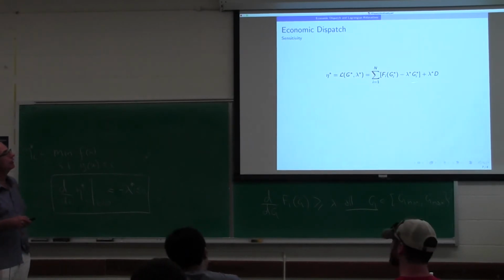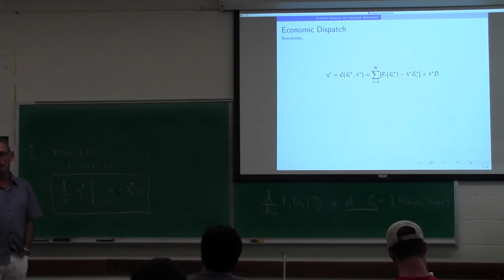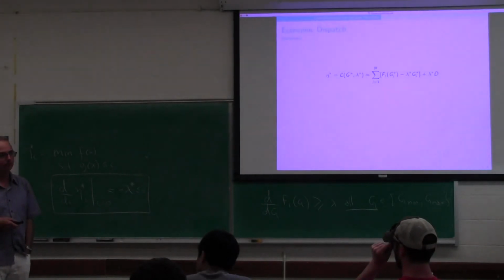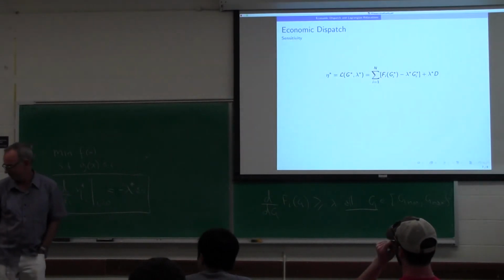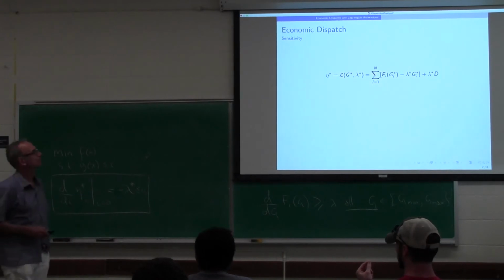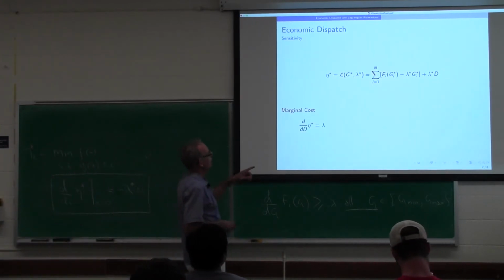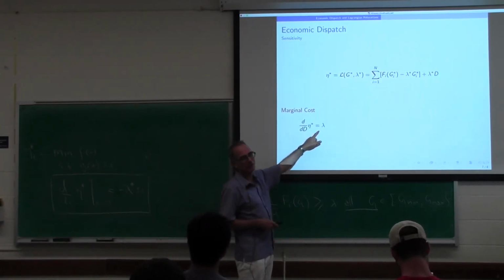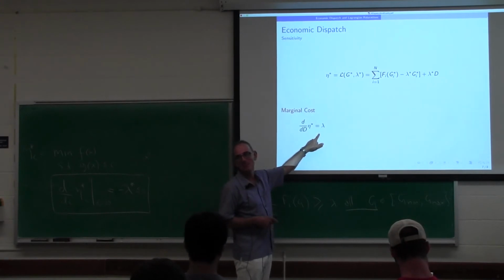So we can look at the sensitivity to the constraint that supply equals demand. If the demand is increased a bit, how much more will I have to pay? I'm going to check my notes because it's either lambda or minus lambda. Well, let's see if it makes sense.